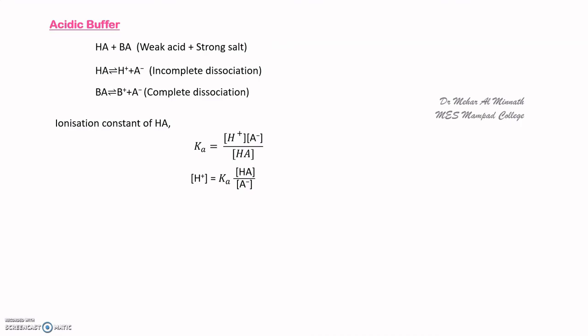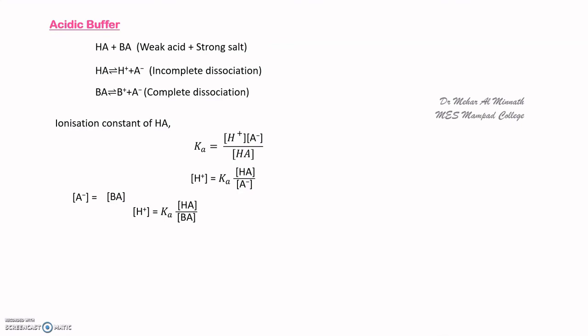Now, before taking log, as I said earlier, most of the A minus comes from the dissociation of the strong salt BA, so we can equate concentration of A minus to the concentration of BA. So you can rewrite this equation as concentration of H plus equal to Ka into concentration of acid by salt, or concentration of HA by concentration of BA.